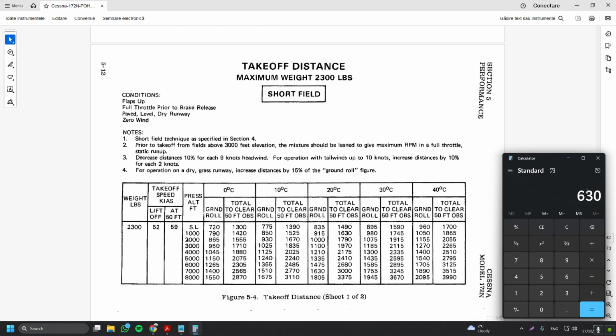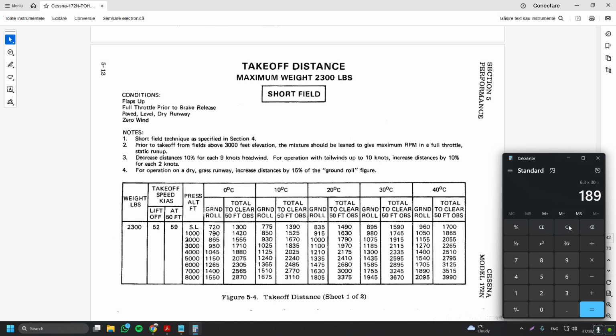Let's calculate 30% from 630 feet. So 630 divided by 100 multiplied by 30, which is 189. To 630 feet, we'll actually have to add 189 because the distance increases. Remember, the wind is pushing our aircraft now, so that will mean a higher ground roll.